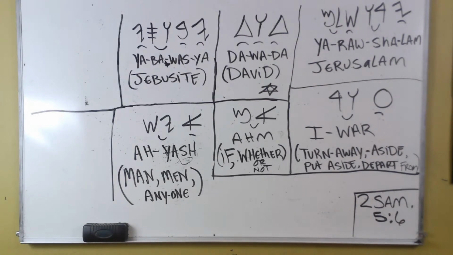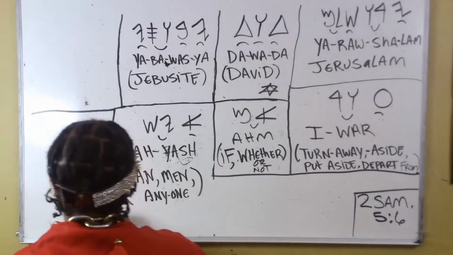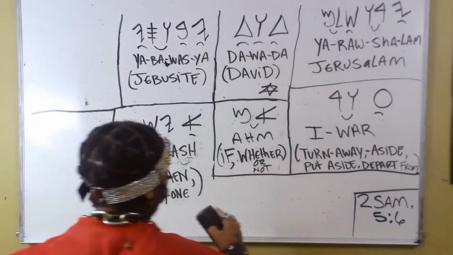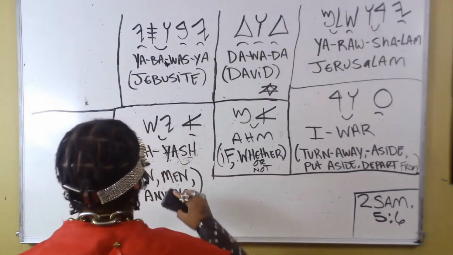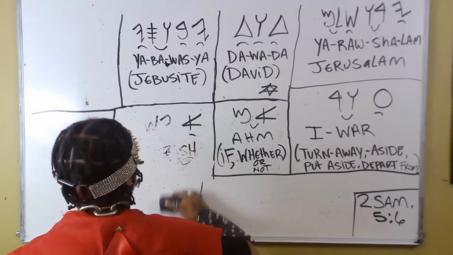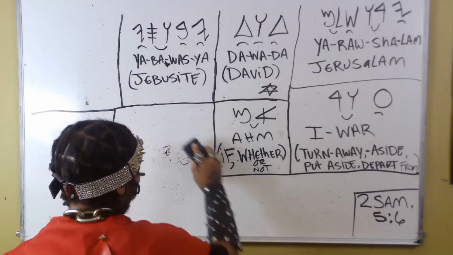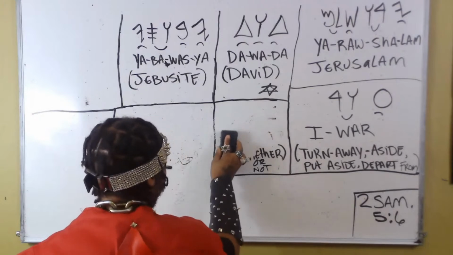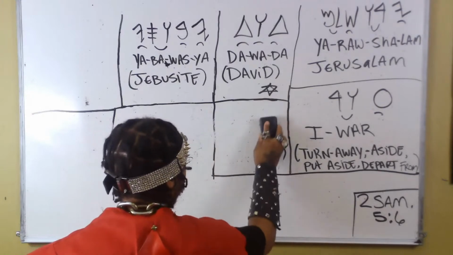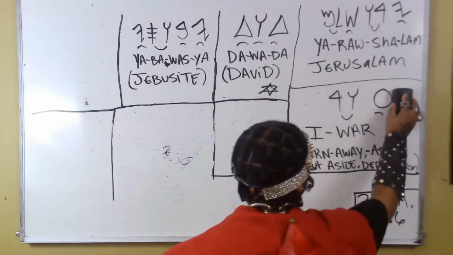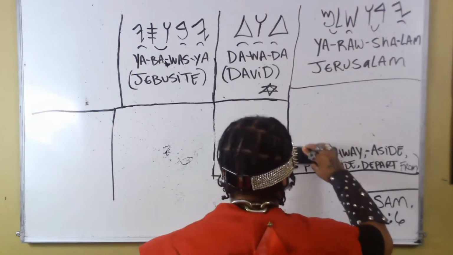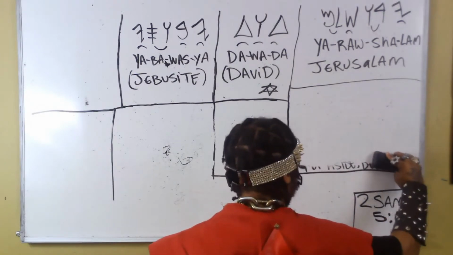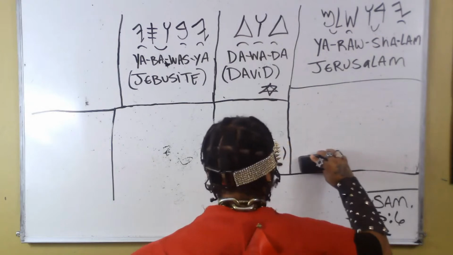All right, so now let me erase the board. We got 3 more words left, and then we're going into translating the verse. All right. There's a difference. We're not breaking down the verse, and we're not rebuilding the verse.